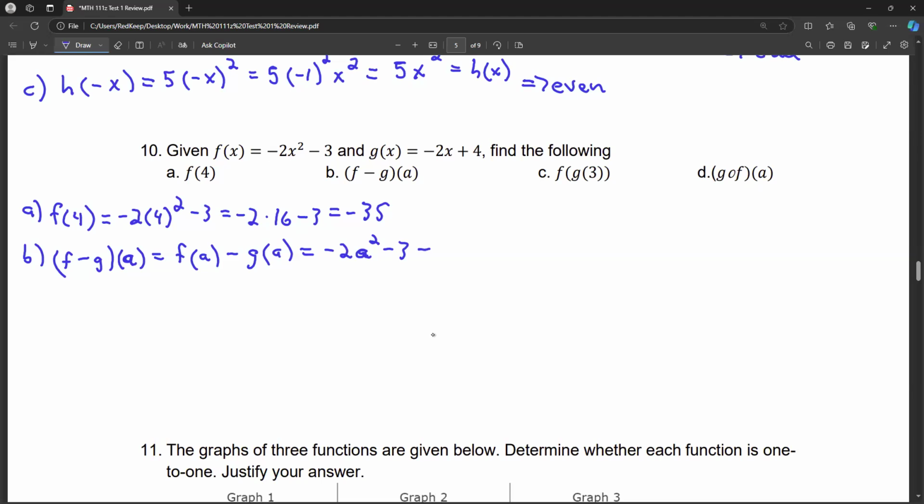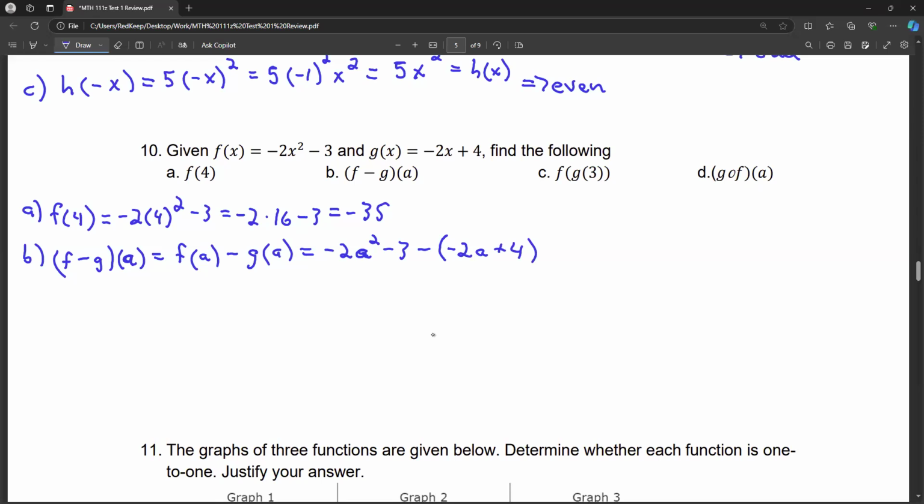Because I have this negative out in front of the g of a function. For reasons we'll see here shortly, it's important to write these parentheses to make sure that those signs line up. But I just want to plug in a into the g function. So it's going to be -2a plus 4.